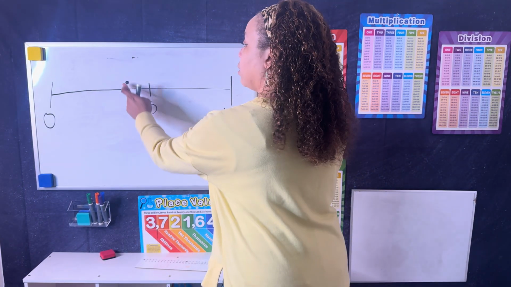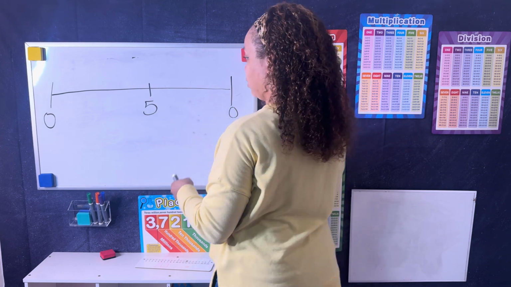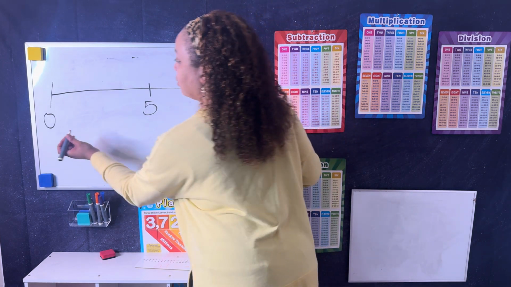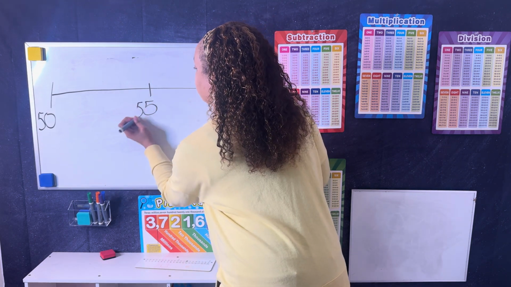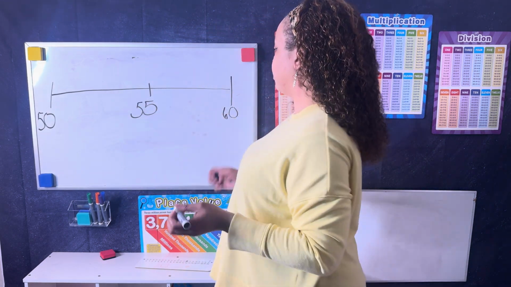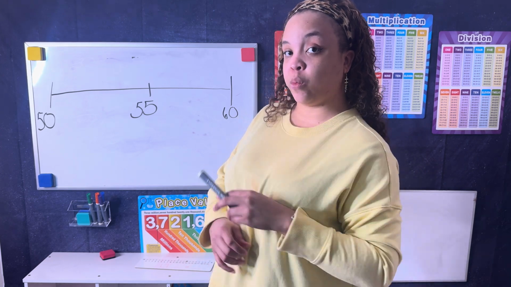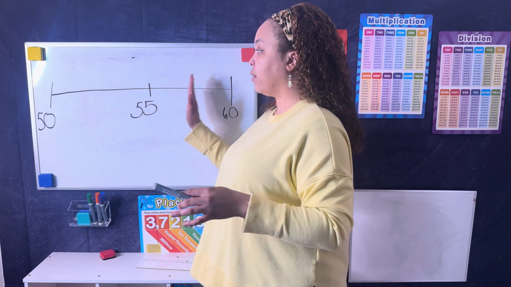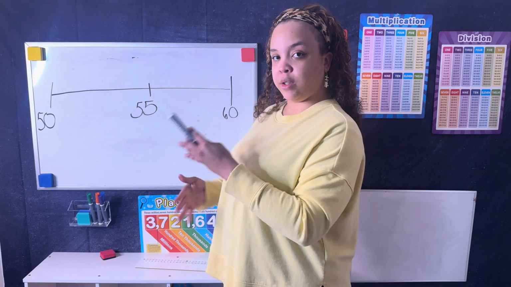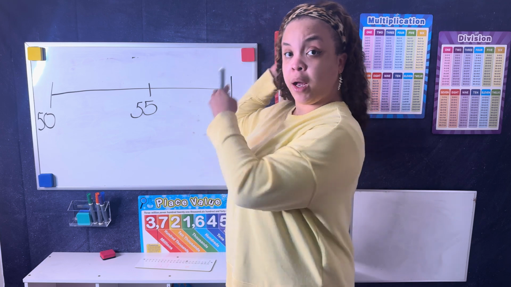So if I change, let's say, make that 50, 55, and 60. Where the ones number and whatever number you get falls, it determines where you round to. Do you round down? Do you round up?